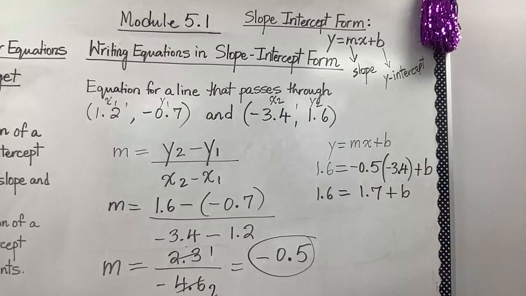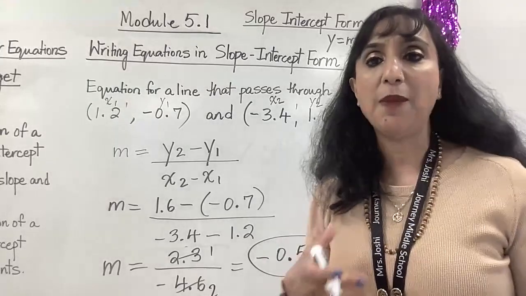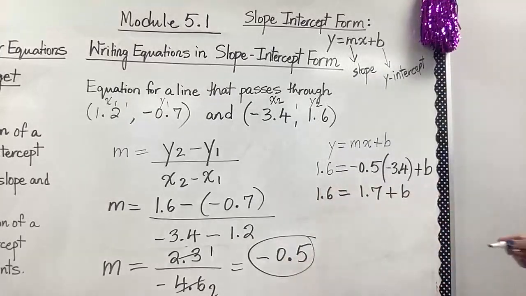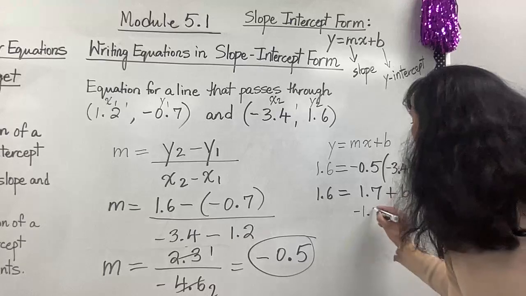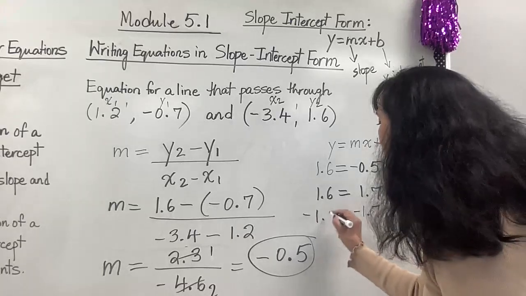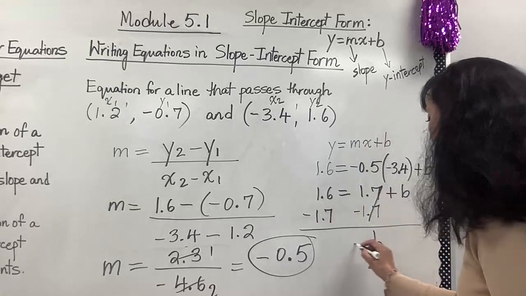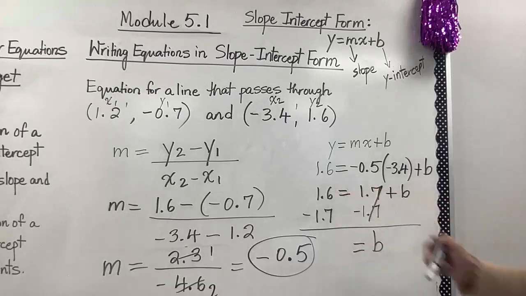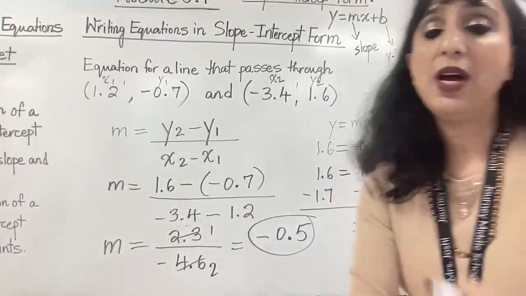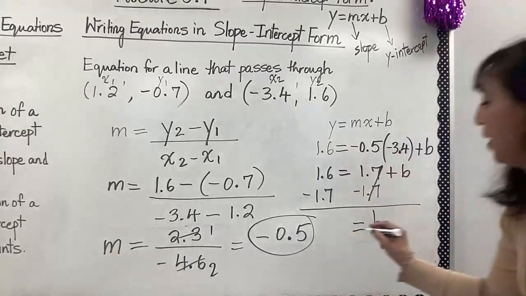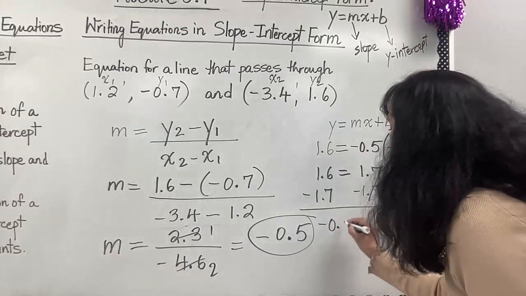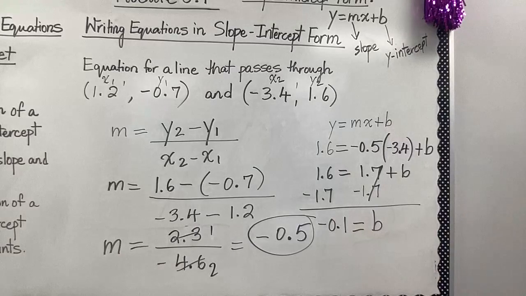And then I am going to use the subtraction property of equality, and I am going to subtract 1 7/10 from both sides. And so what am I left with? B is, now these are opposite sides, so I'm going to subtract and give the bigger absolute value. And so what am I left with? I'm left with negative 1/10. And so that is my y-intercept.